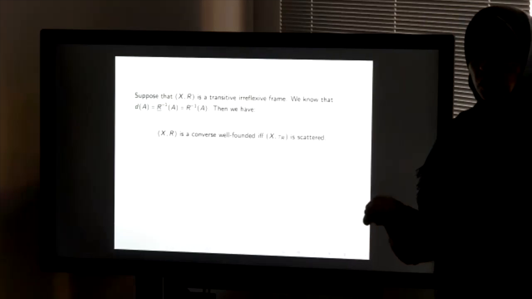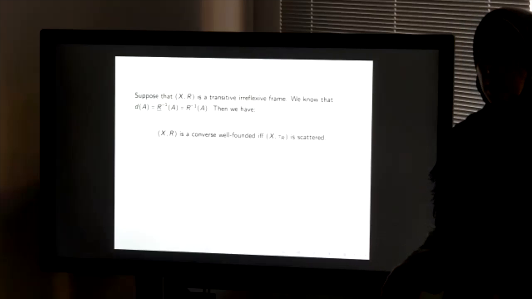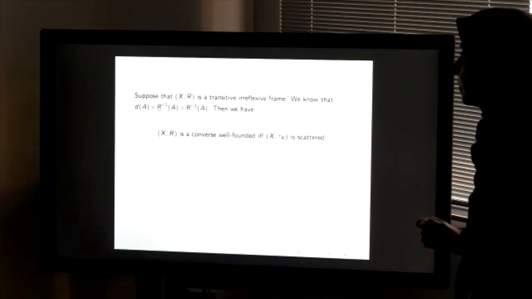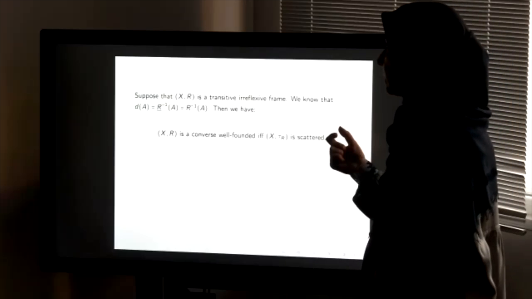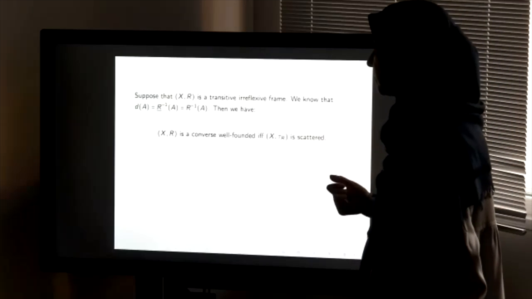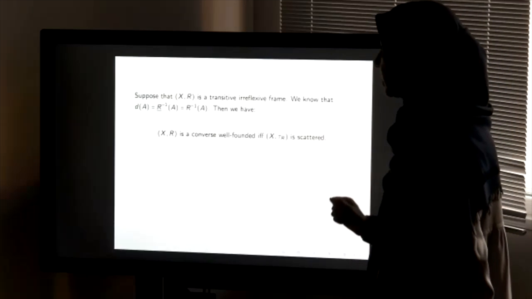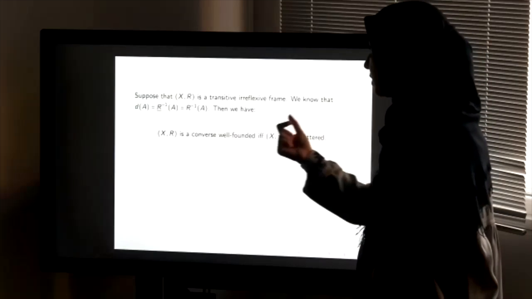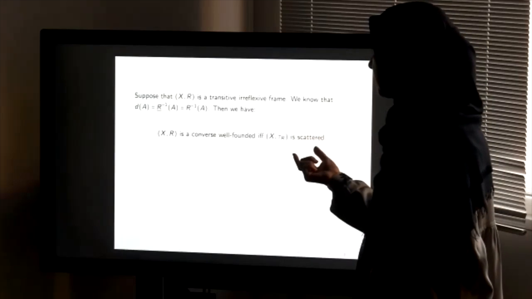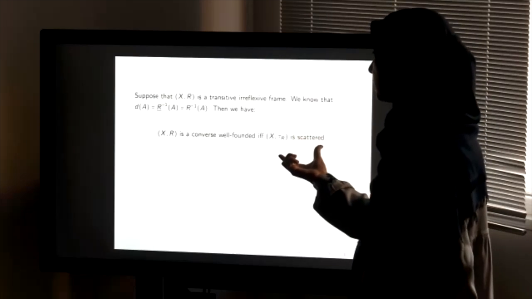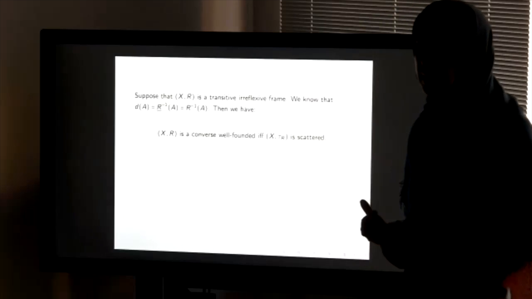Now we want to again prove the completeness of GL with respect to scattered spaces by using the completeness of GL with respect to the appropriate class of Kripke frames. Suppose that X is a transitive irreflexive frame, then X is conversely well-founded if and only if the Alexandroff topology over X is scattered.